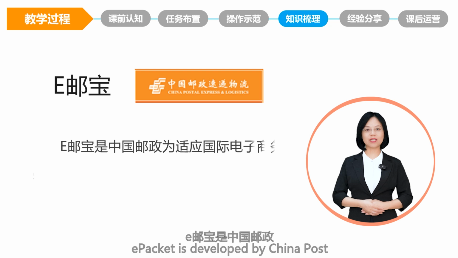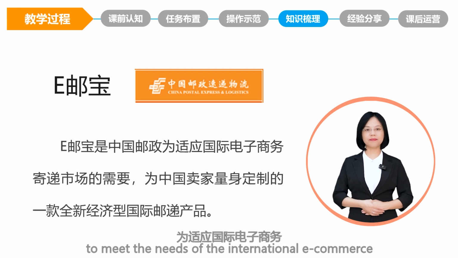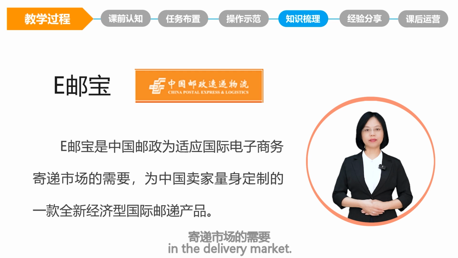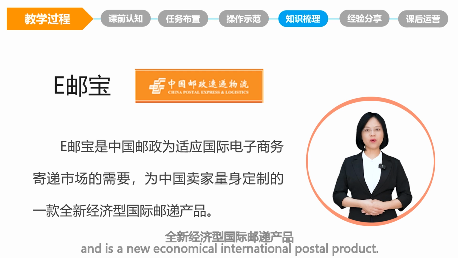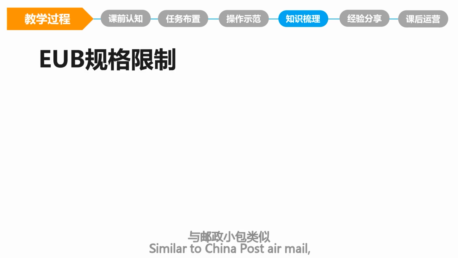E-Packet is developed by China Post to meet the needs of the international e-commerce delivery market. It is customized for Chinese sellers and is a new economical international postal product. Similar to China Post Airmail, E-Packet has restrictions on weight and size specifications.